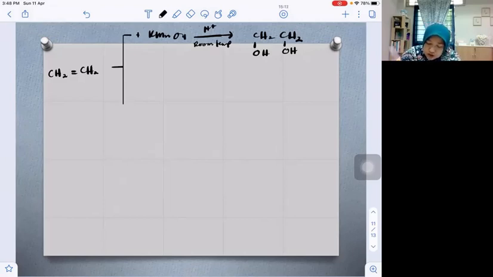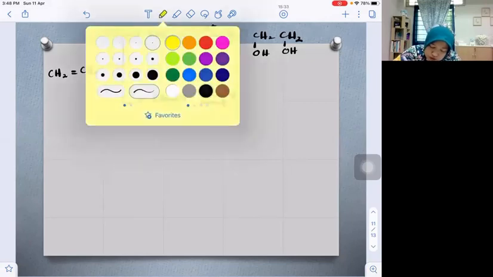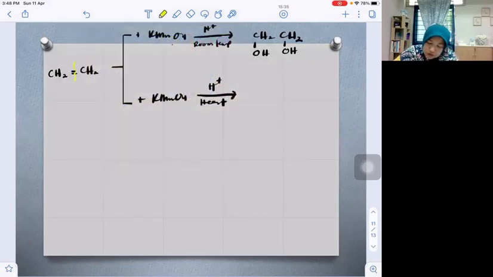As for the strong oxidation, it is reacted with KMnO4, it must be in H plus and heat. So what happens is, since we have to focus on the carbon-carbon double bond, on the left side we have CH2, and the right side also CH2.